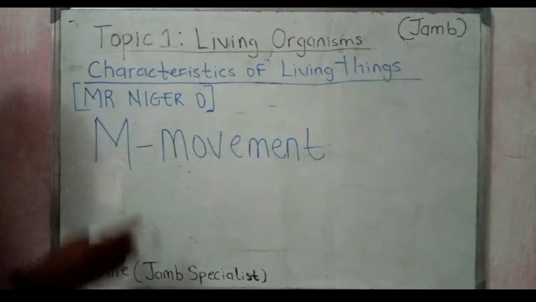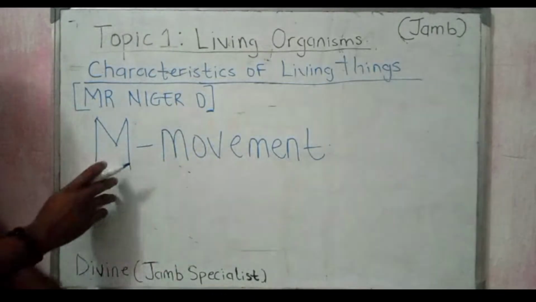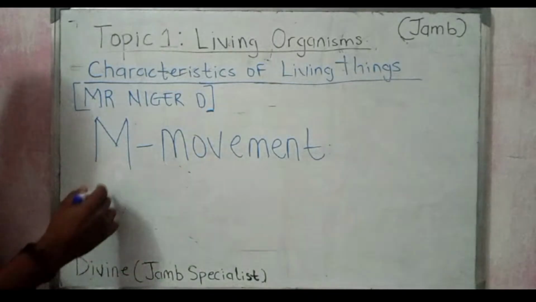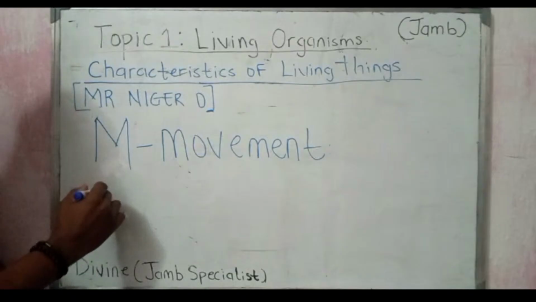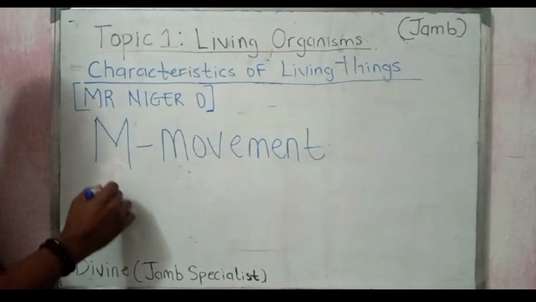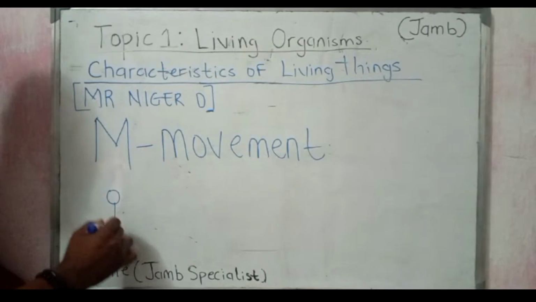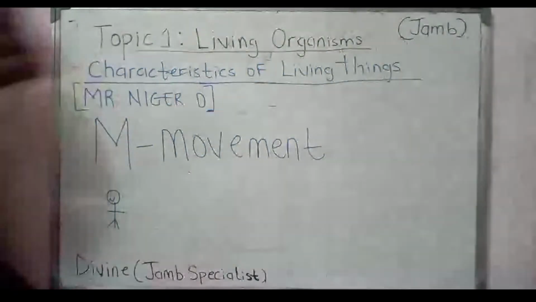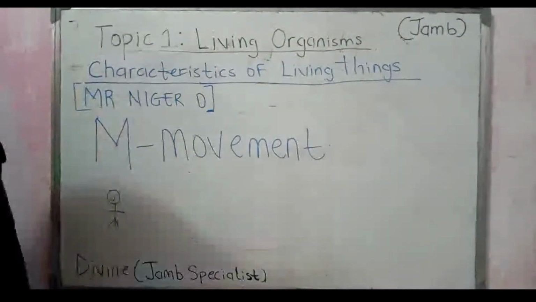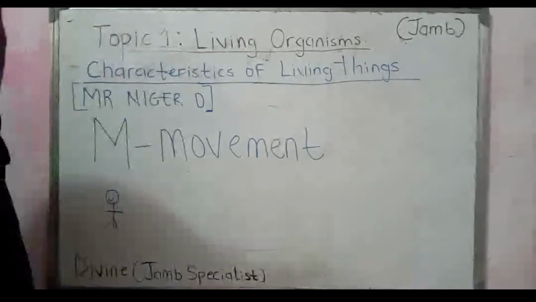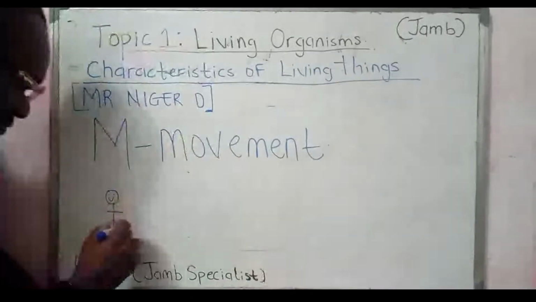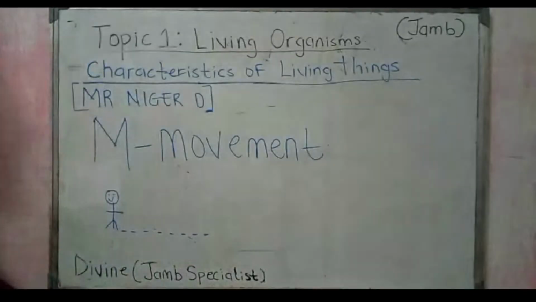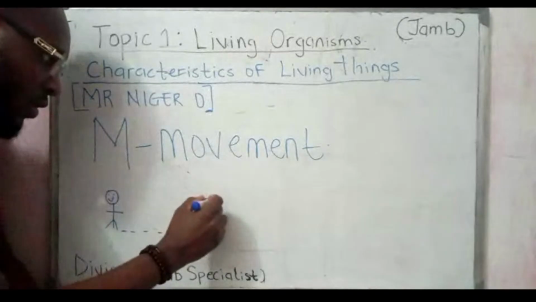Characteristics of living things: you know that living things move from one position to the other. Let me just draw a human being, since I cannot draw any animal. This is a human being, a living thing, and can move from one point to the other point.